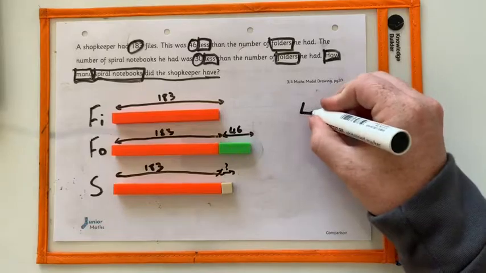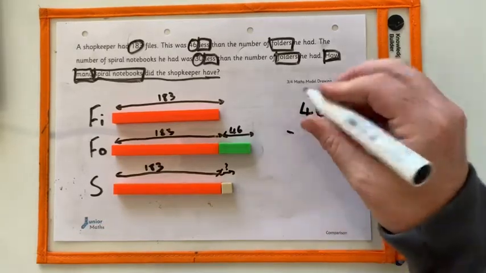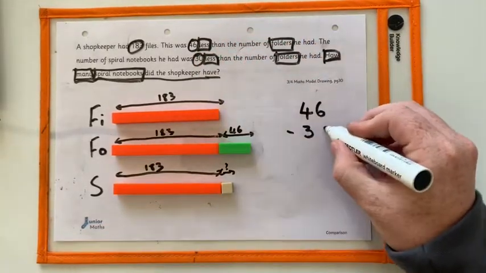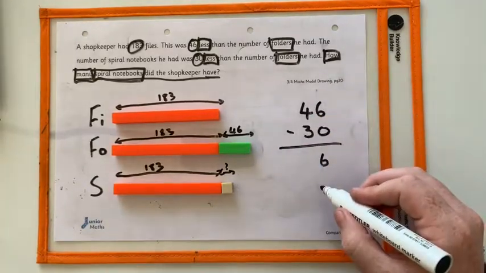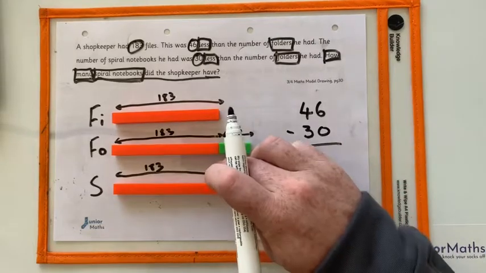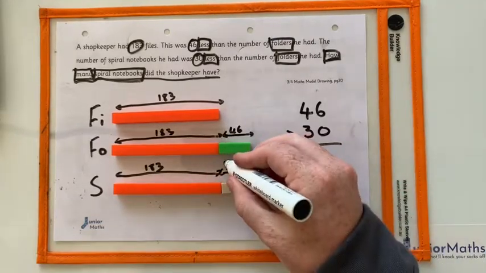So 46, take away the 30. 6 take away 0 is 6, 4 take away 3 is 1, so this is worth 16.